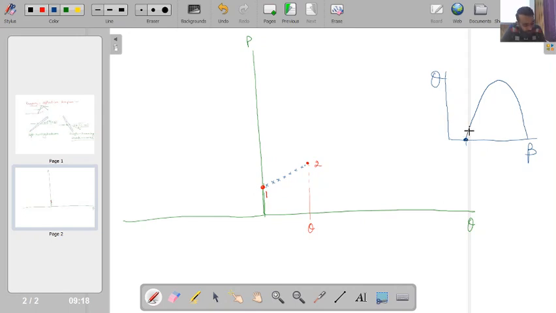If you increase the angle, slowly the strength of the wave is increasing, so it means it is increasing the value of pressure in the downstream. Then I reach a situation of theta max. At theta max our pressure will be some higher value.